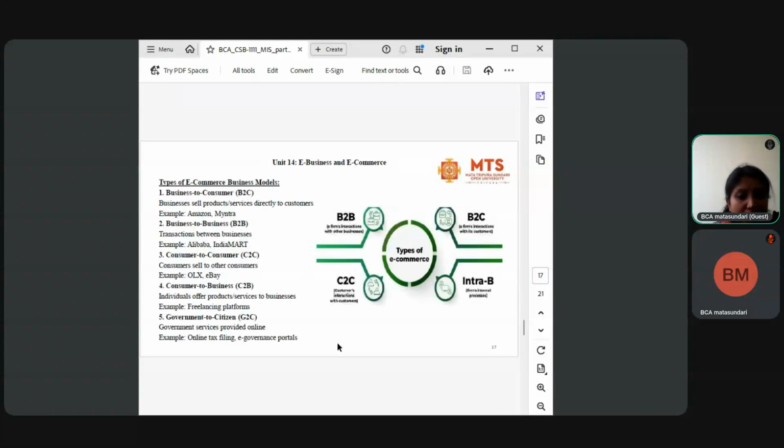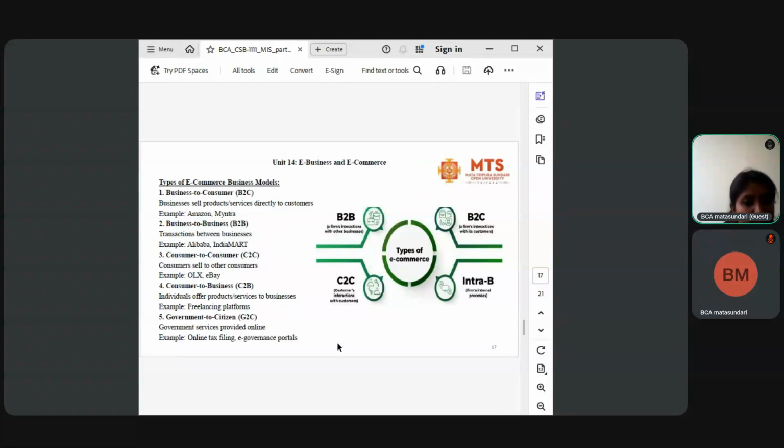Next slide, types of e-commerce business models. There are five types. Business to customer, that is B2C, where businesses sell products or services directly to customers; examples are Amazon, Myntra. B2B, business to business, transactions between businesses; examples are IndiaMART, Alibaba.